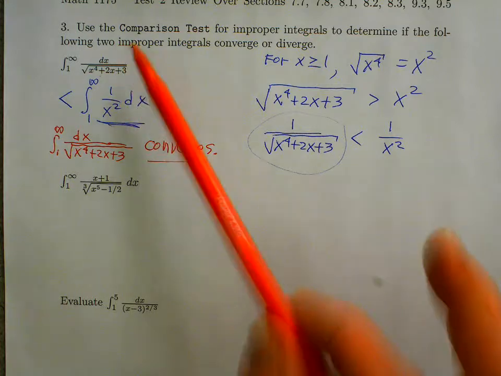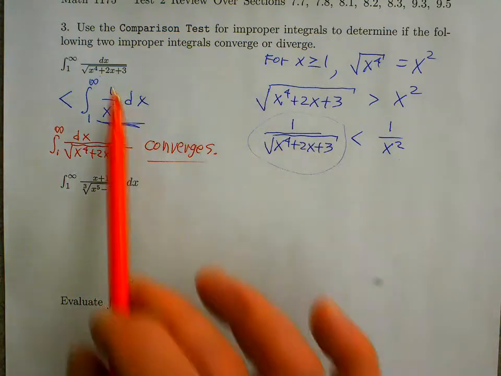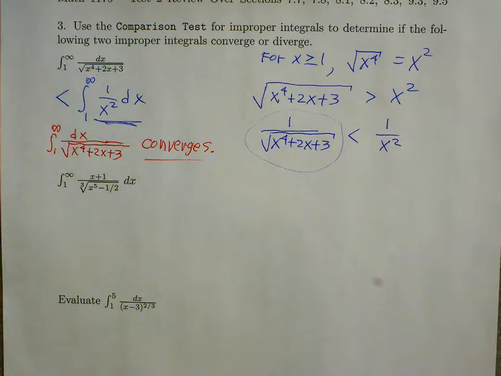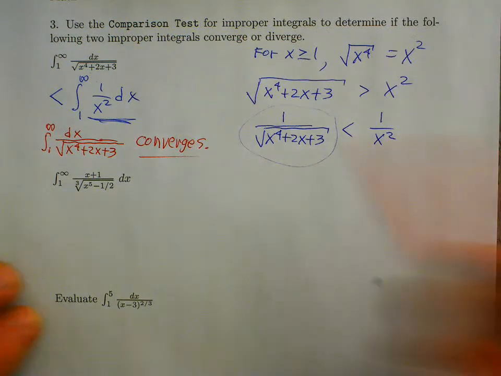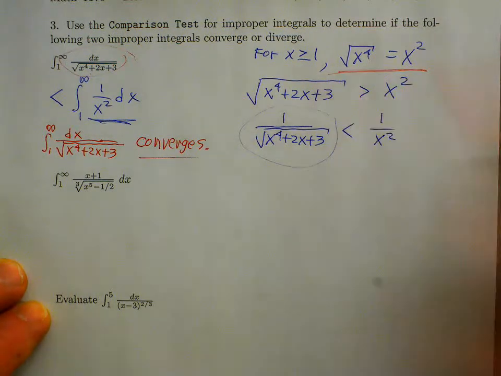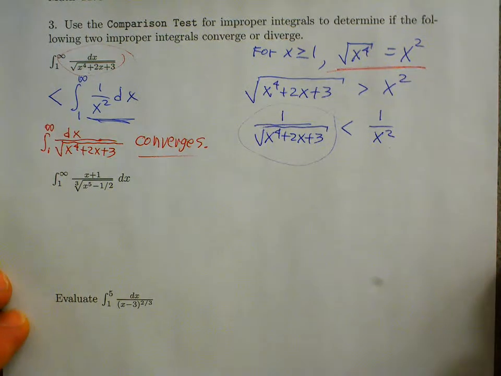So it's pretty close to looking like 1 over the square root of x to the 4th, or 1 over x to the 2nd. And we know that for 1 over x to the 2nd, that improper integral converges. So that's how you can gain inside information on how to verify for certain whether it converges or not.